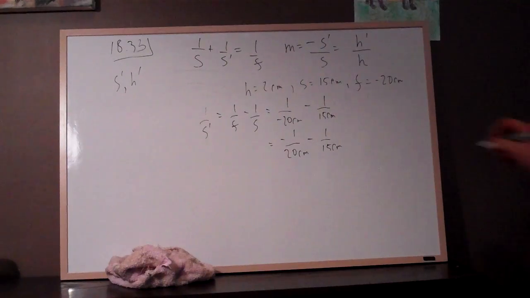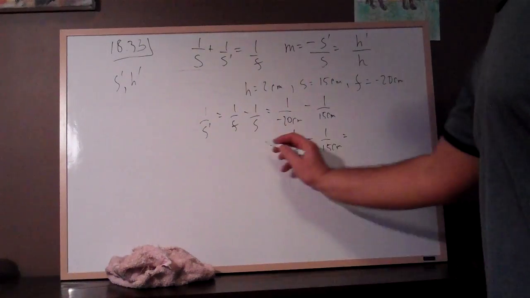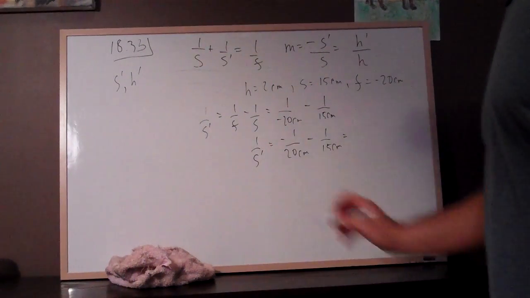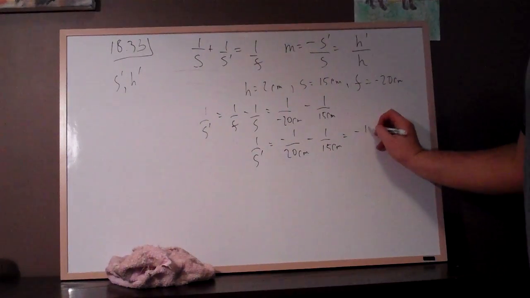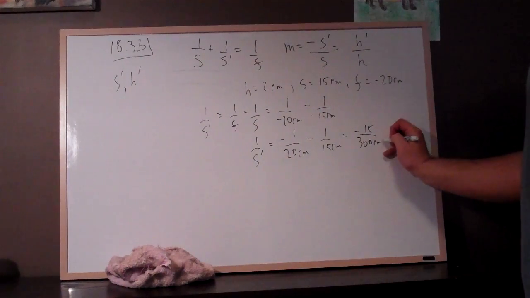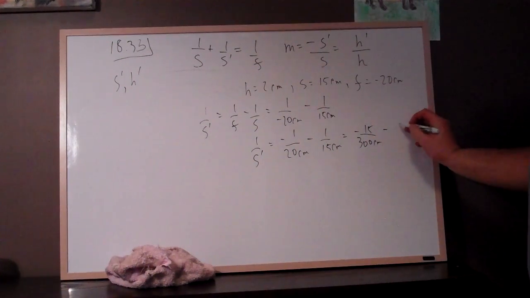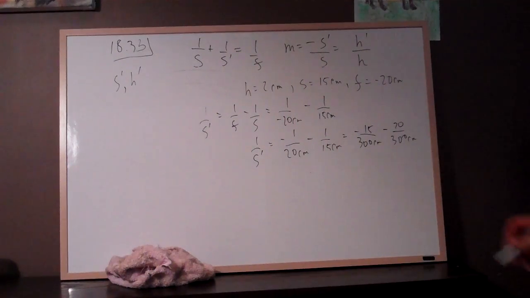Good. So let's finish it. Again, in your calculator, you could put it in right away if you wanted to figure out what this was. I see that there's a common denominator between these, so I'll just say that this is minus 15 over 300 centimeters minus 20 over 300 centimeters. Common denominator.